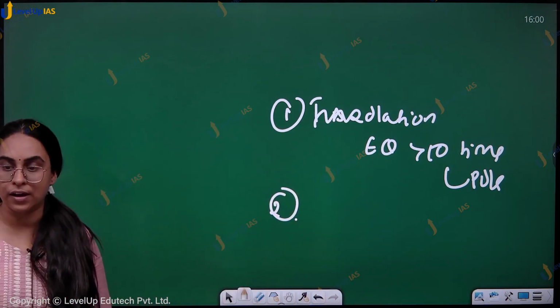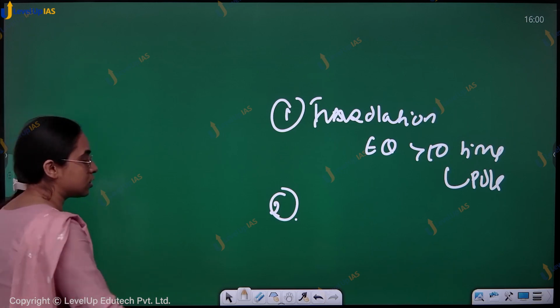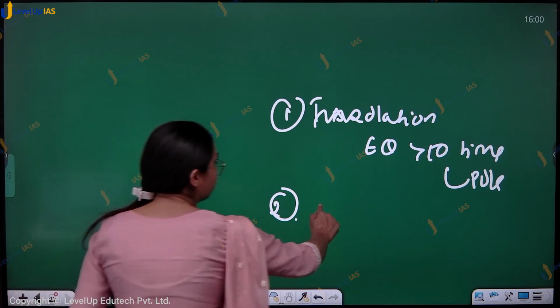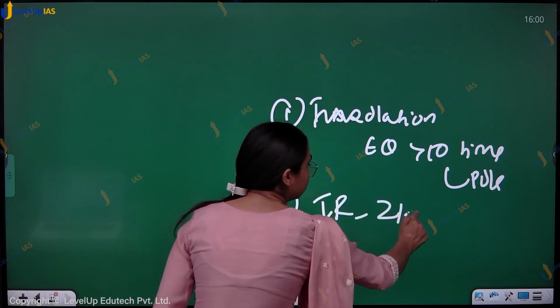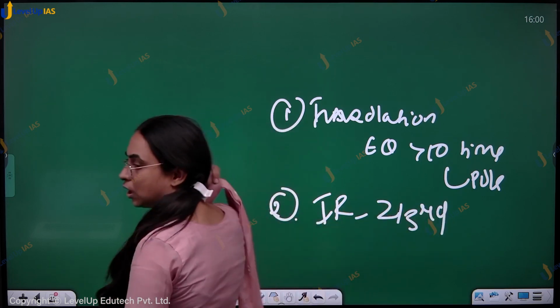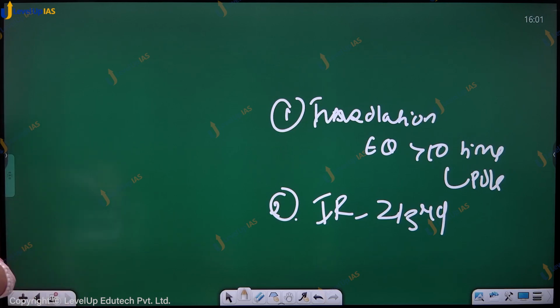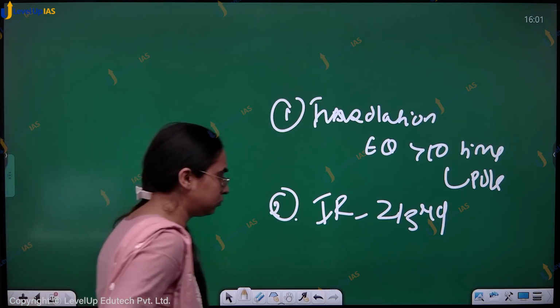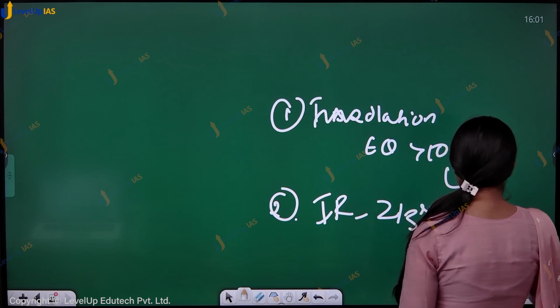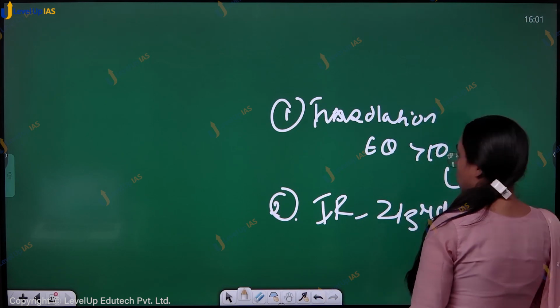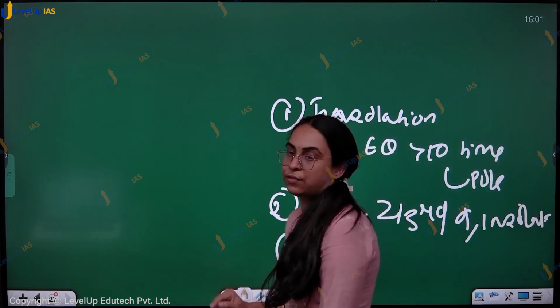Second, infrared radiation constitutes two-thirds of the insolation. Two-thirds of the insolation is your infrared radiation.